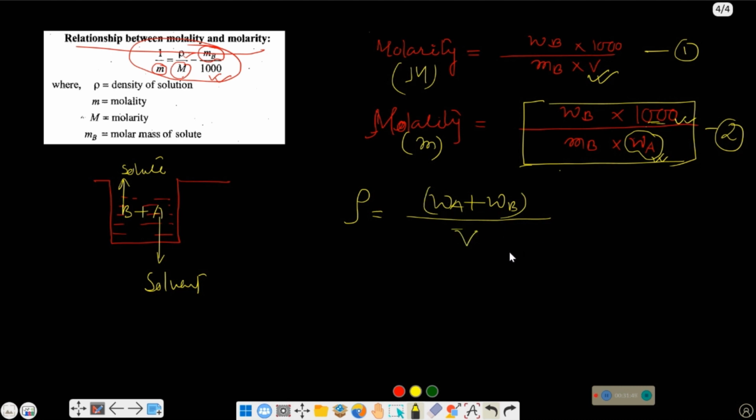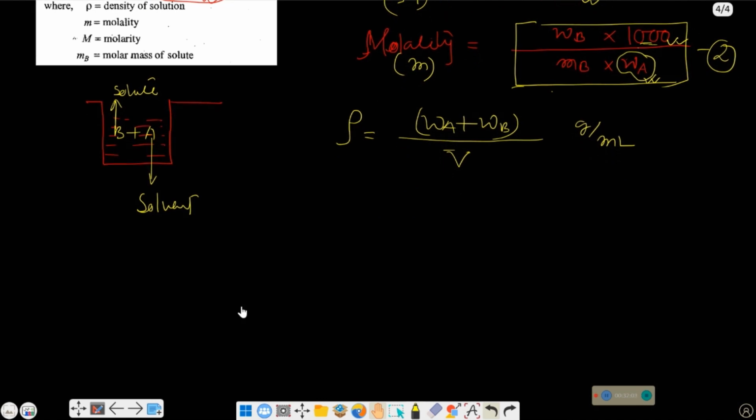Density is given in gram per ml, right? So let me proceed stepwise. If we proceed stepwise, what will we get? First we will write rho by M. The equation can be written like this: 1 by molality is equal to rho by capital M, the molarity, minus the molecular weight of the solute divided by 1000, right?